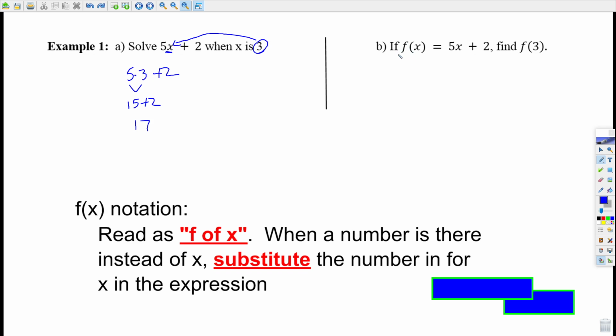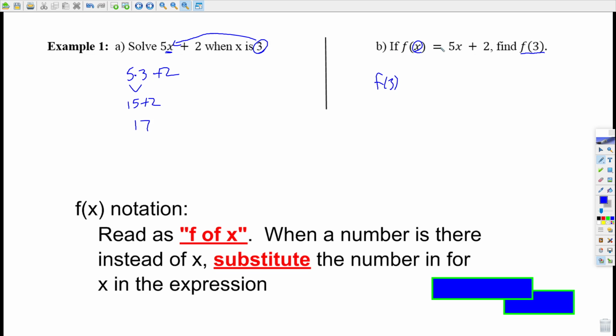So we're going to look at this and read it like this. If f of x equals 5x plus 2, then find f of 3, is what that says. So we start out with f of 3, and that's basically saying there's an x in here originally. I want you to replace the x here with 3.